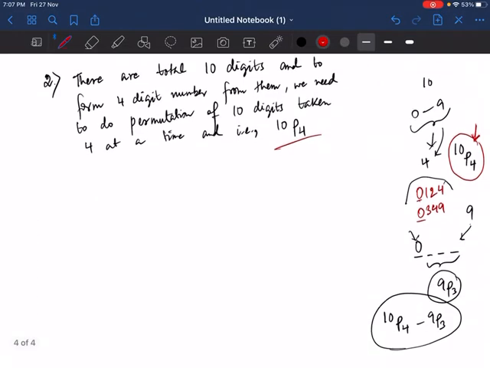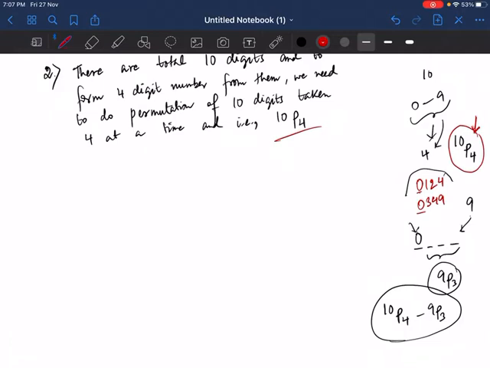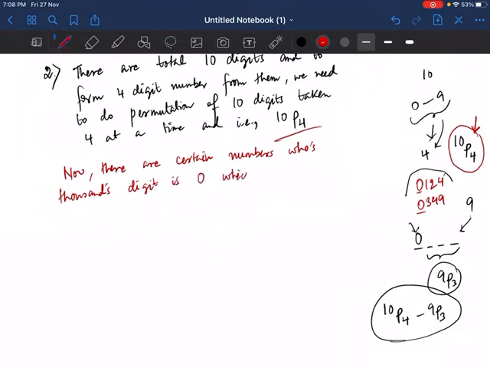Now we talked about the problem. So what is the problem? There are certain numbers whose thousands digit is 0, which makes them 3-digit numbers.